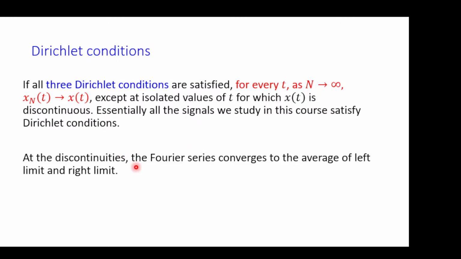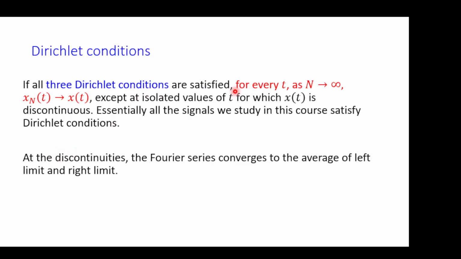And we use this to justify using the Fourier series representation for all our signals in this course, because they will basically all satisfy the Dirichlet conditions. We're going to see that signals that don't satisfy them are very pathological. You need to be very bad to violate those Dirichlet conditions.